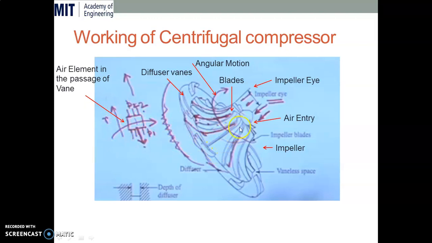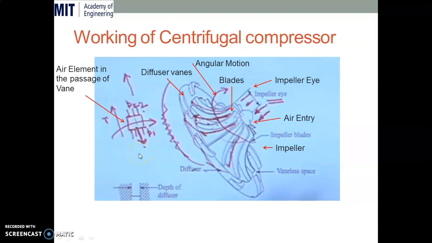Due to this angular velocity and radial velocity and the typical shape of the blade, what is the shape of the blade? Initially it's an aerofoil, then it's a curved shape at the end, and due to this the air element is acted upon by some centripetal acceleration. It can observe some pressure at the outlet point and at the entry point also, and due to the variation of the centripetal acceleration there is an increase in the pressure head.